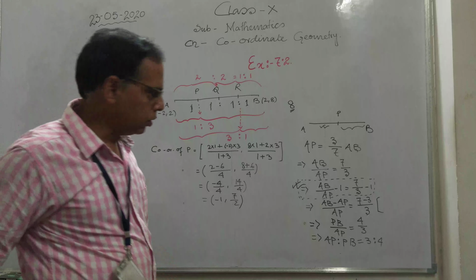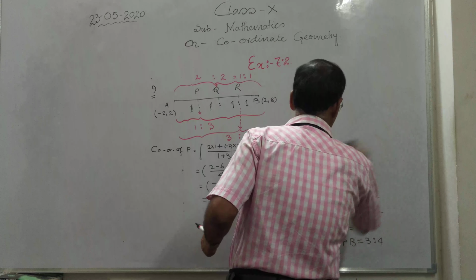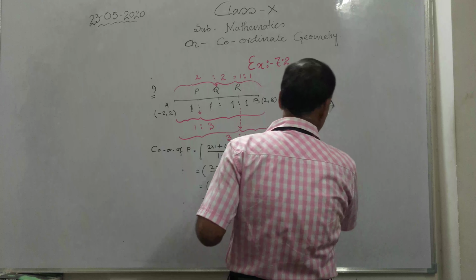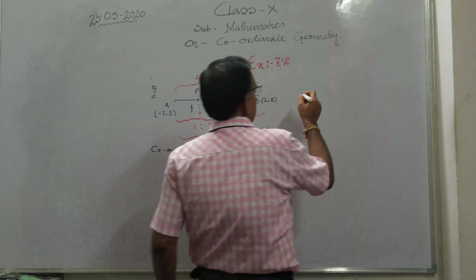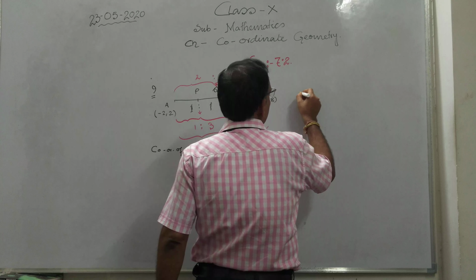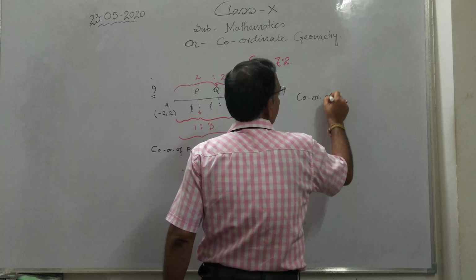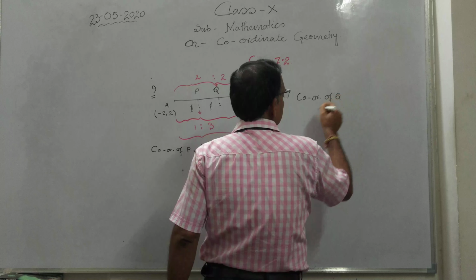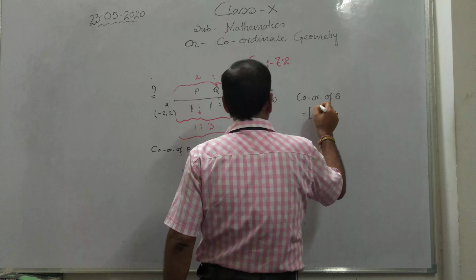Now next you see the coordinate of Q. The coordinate of Q is the midpoint. So coordinate of Q equal to, what is that?